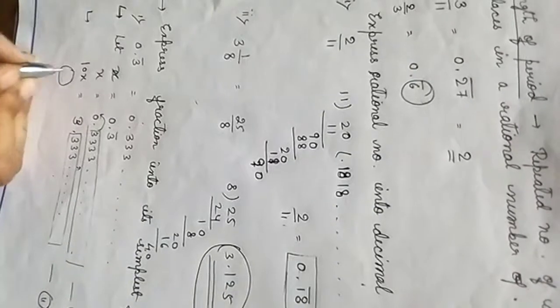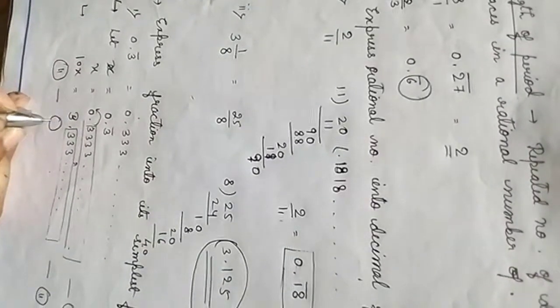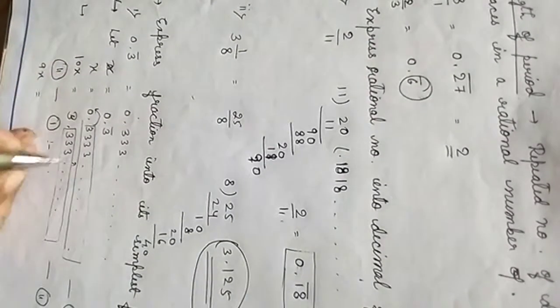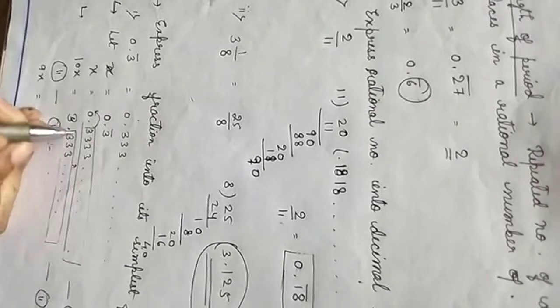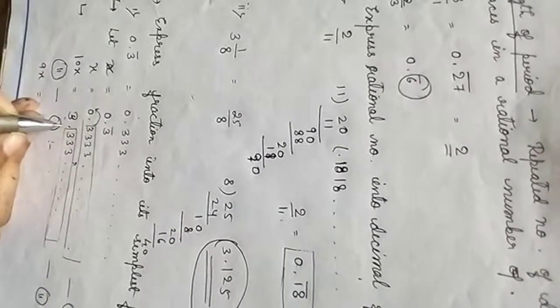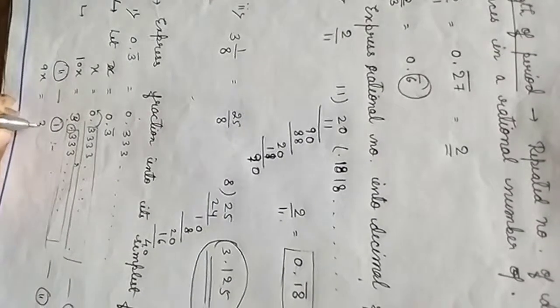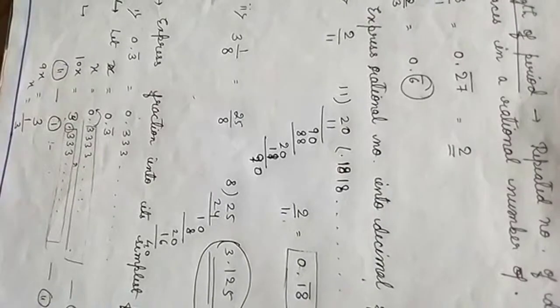That is, we can subtract 1 from 2, then we will get 10x minus x is equal to 9x, and this whole decimal part after this decimal will cancel out from this, and we will get 3 here. Then what is next? That we will get 1 by 3.